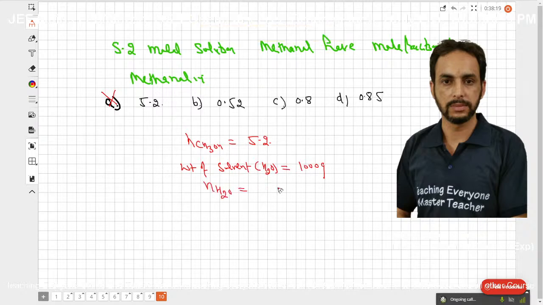Number of moles of water is 1000 upon 18, so this value comes out to be 55.55. So mole fraction of methanol is number of moles of the component divided by total number of moles of solution.